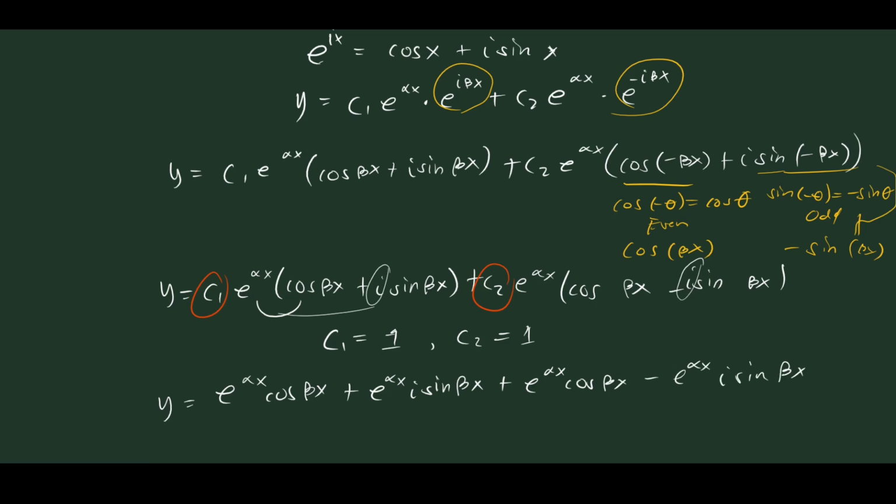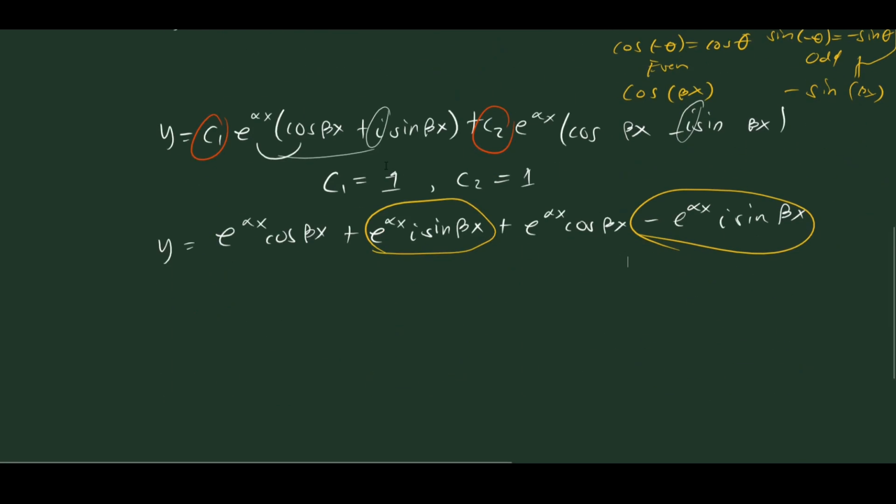As you can see here, these two will be cancelled out. Then we are left with y is equal to 2e raised to alpha x cosine beta x. This is really nice. We removed the i here, right?